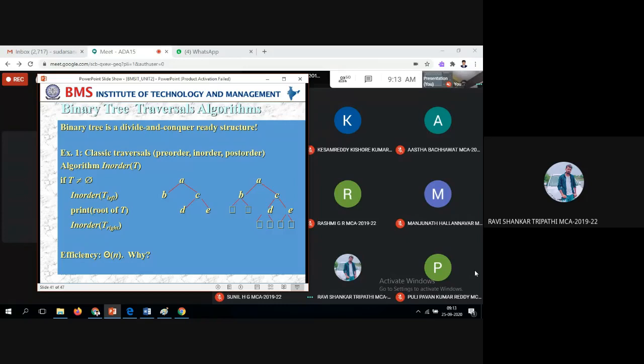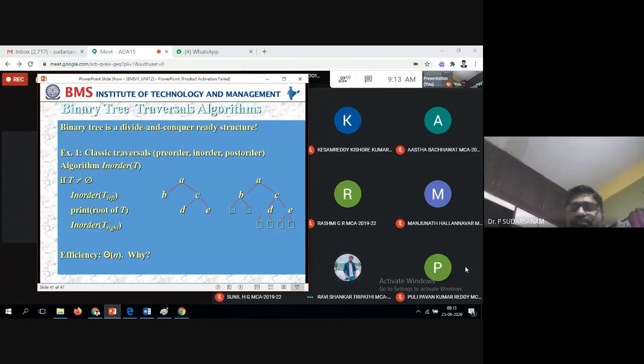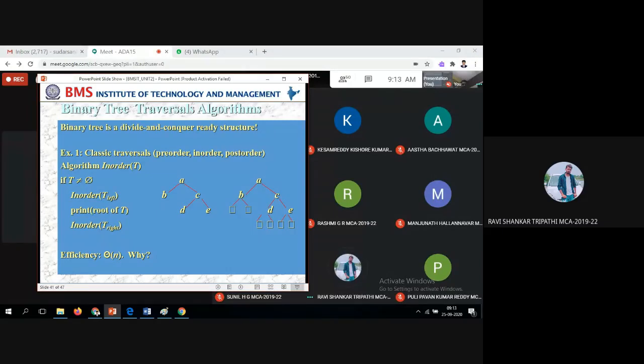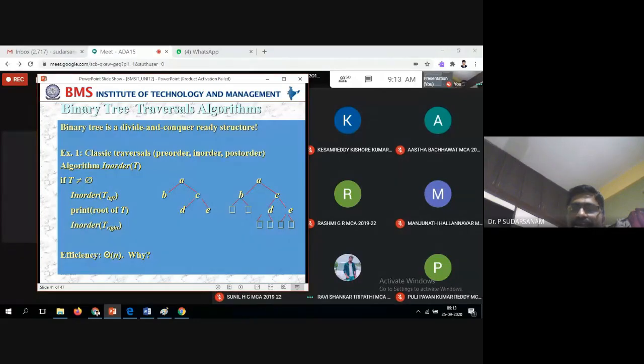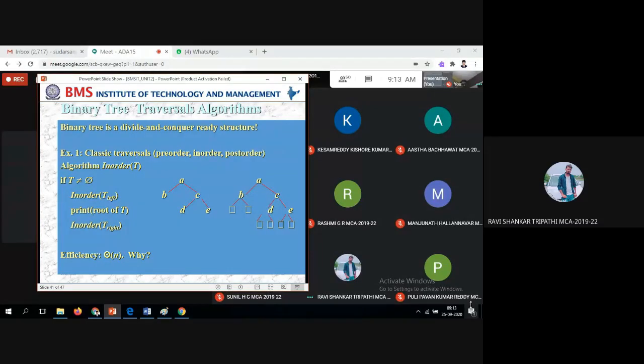Sir, in a binary tree, how many nodes are there in one simple tree? Root, left, right. Tell me now, Ravi Shankar. I am not leaving you today. Yes, sir. Root, left, right, sir.